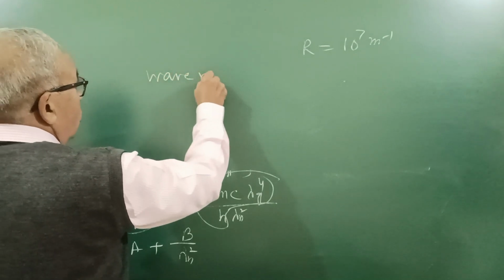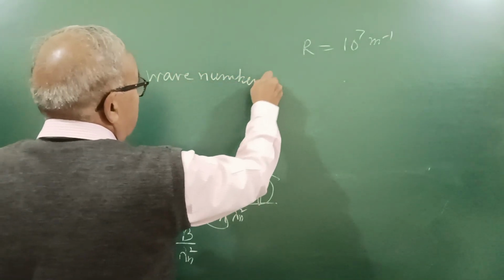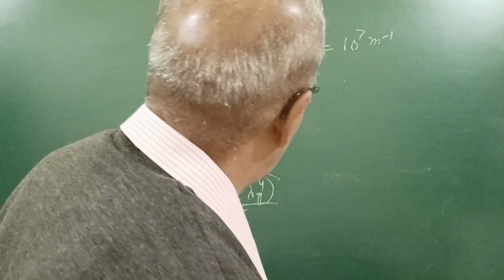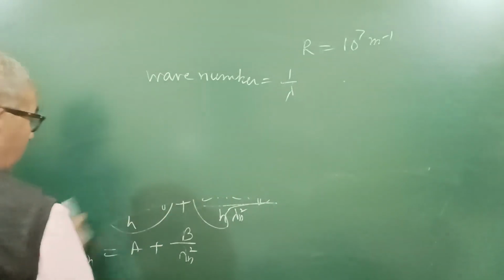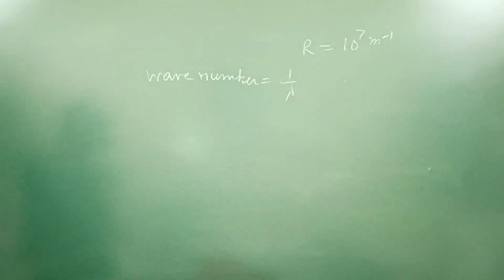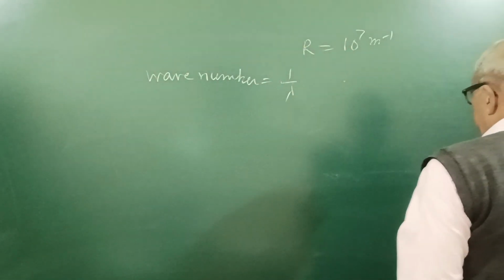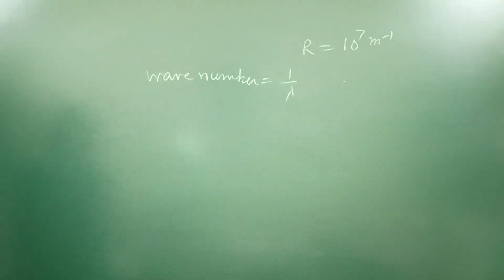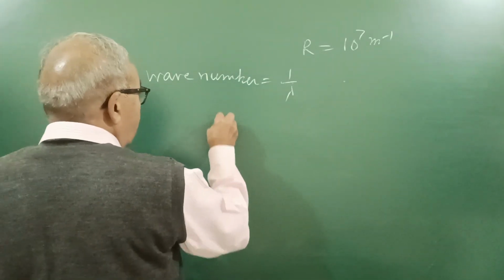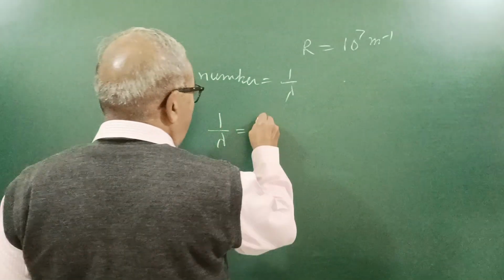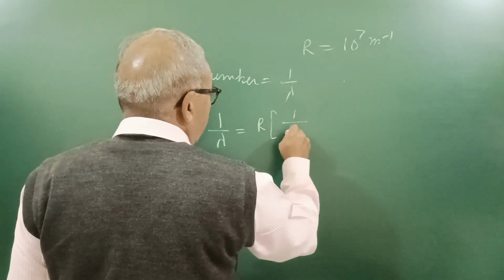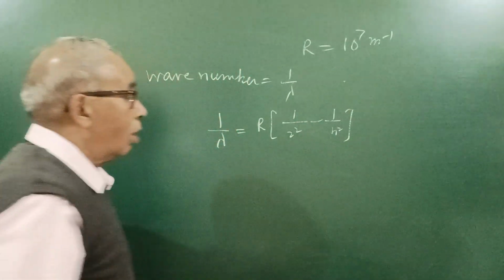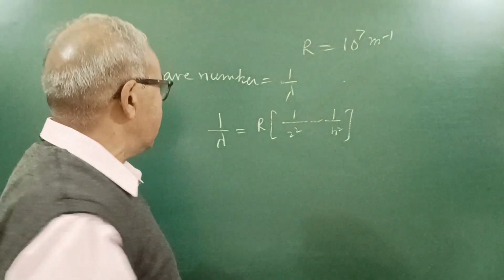Wave number, you know, is equal to 1 upon lambda. Remember, this is a term I think I forgot to tell you while teaching these series. For Bohr series, 1 upon lambda is equal to R into (1 upon 2 square minus 1 upon n square). For the last Bohr series line, n is equal to infinity.